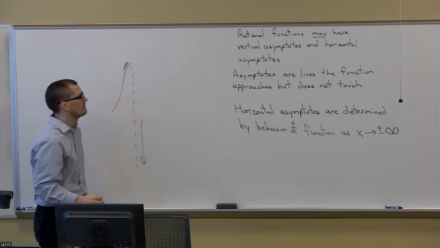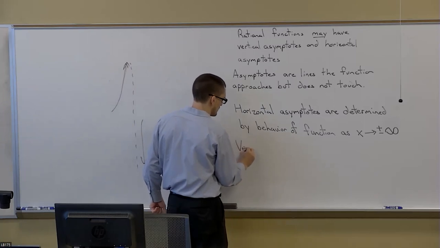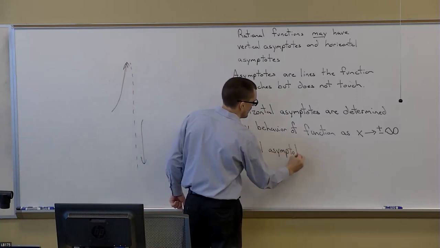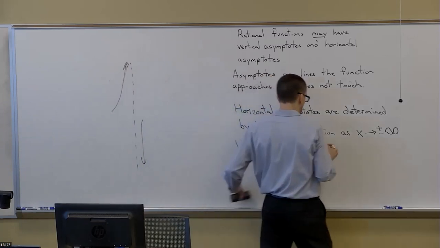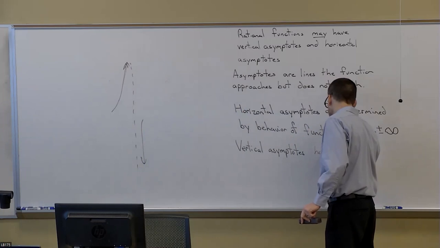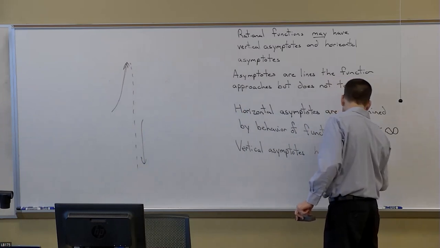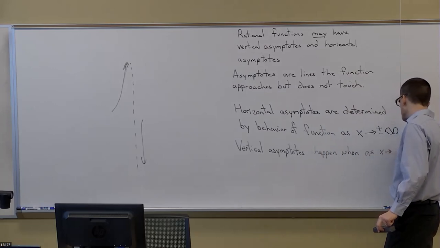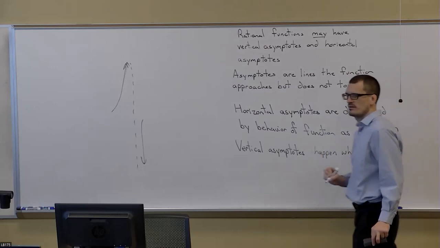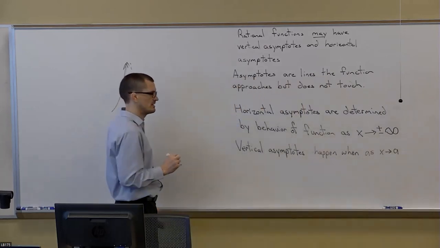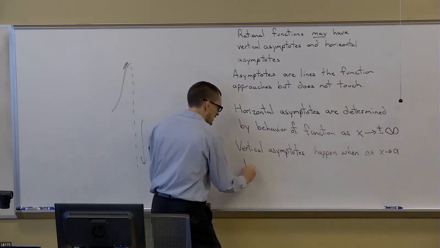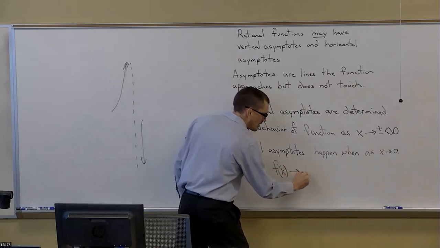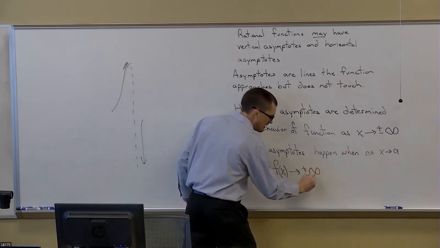So what that means is vertical asymptotes happen when, as x gets closer to a number, we'll just call that number A for right now, the function value goes to either positive or negative infinity.